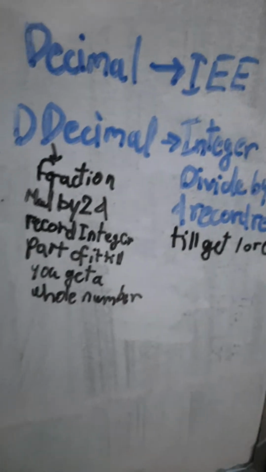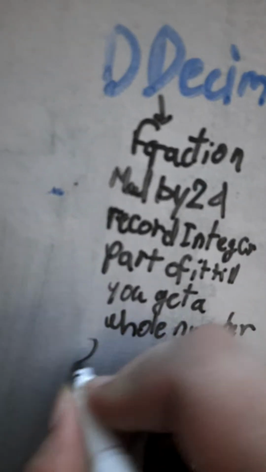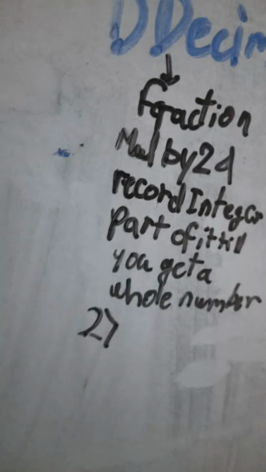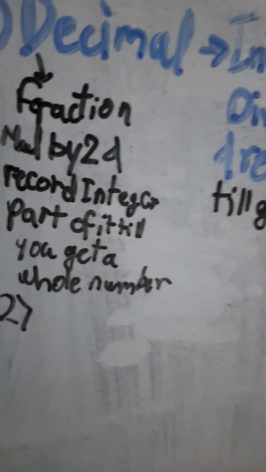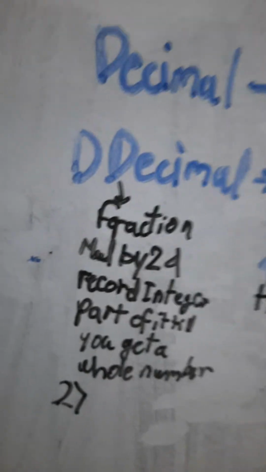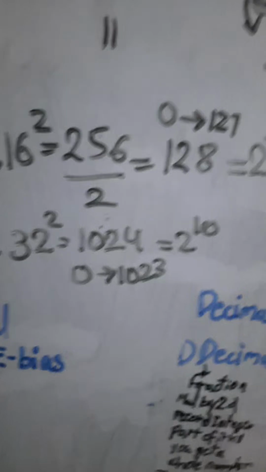Now I also have to tell you what bias is. Bias is the middle part of the number.